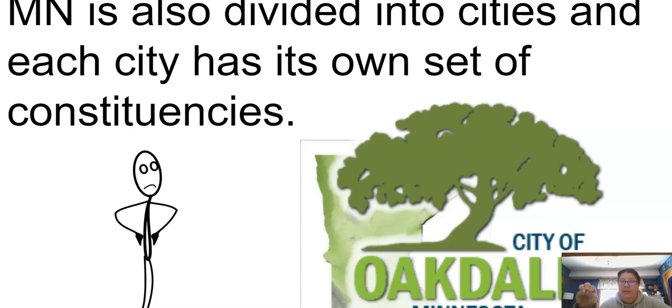They represent the entire city of Oakdale rather than dividing Oakdale into smaller units like they do for Congress, like they do for our state legislature. The city of Oakdale says we're going to have the 4 or 5 city council members represent everybody.